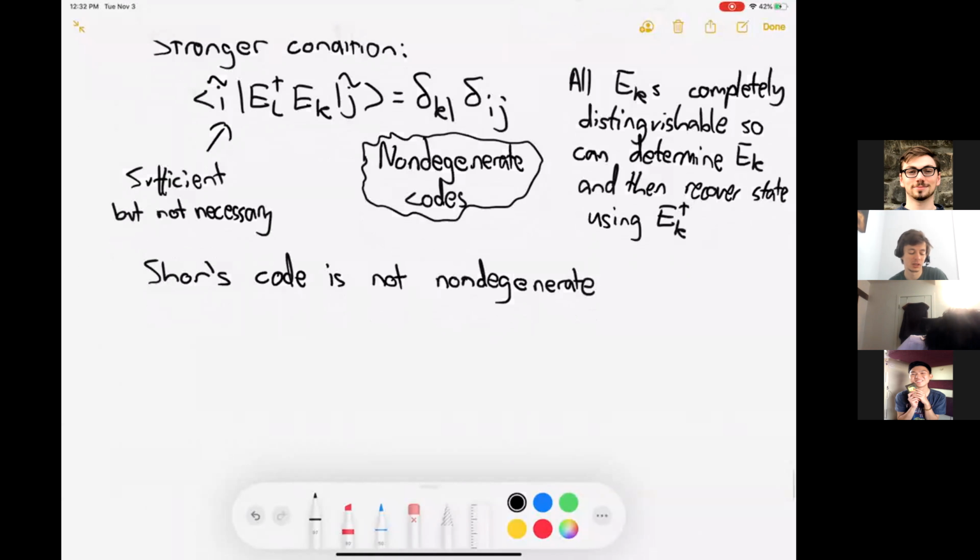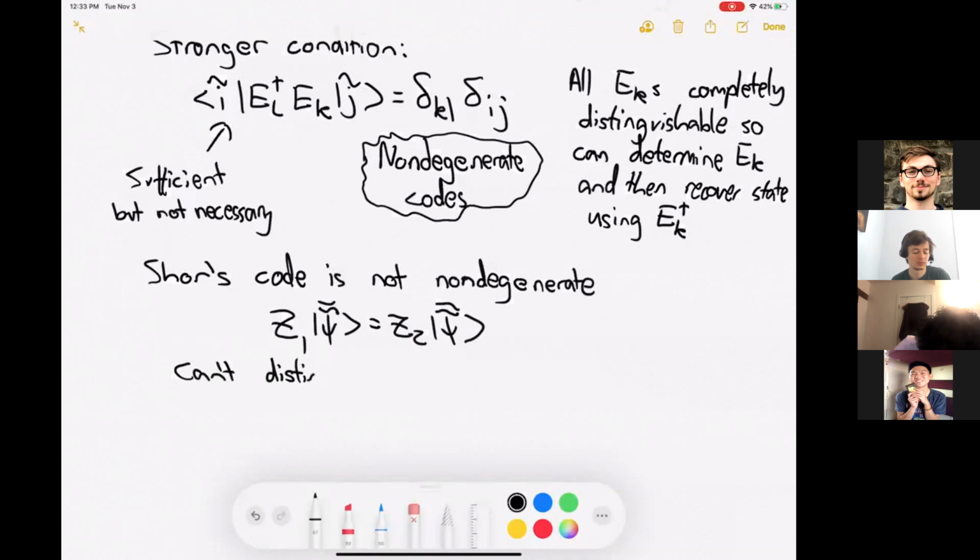So for example, Z1 acting on psi double tilde does exactly the same thing as Z2 acting on psi double tilde. So we can't distinguish a Z1 error, a phase flip on the first qubit, from a Z2 error. But it doesn't matter, because Z1 and Z2 always do the same thing to the state.